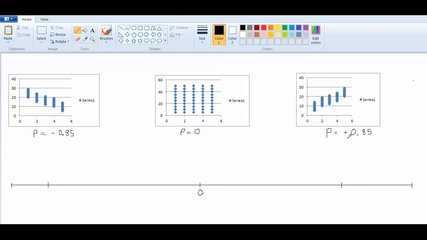And over here, if we randomly selected a bunch of samples from this population, most of those samples will have correlation coefficients near positive 0.85. Definitely some will be a little bit lower than this and some will be a little bit higher, but most of them would be near this number.